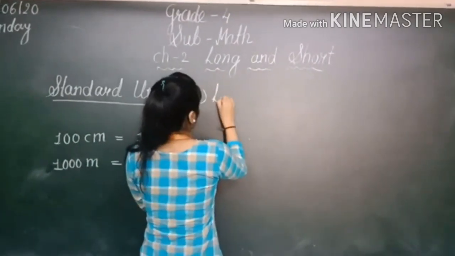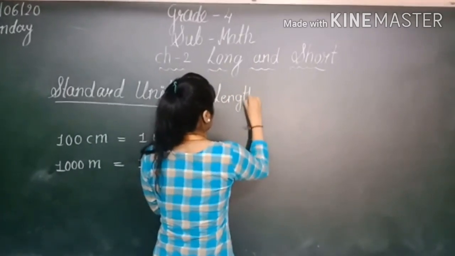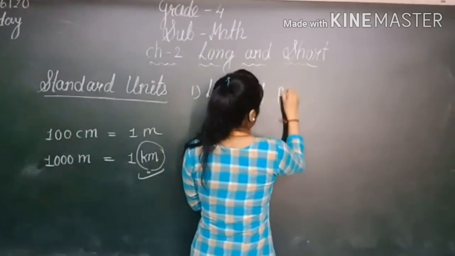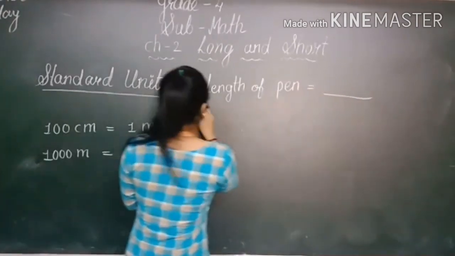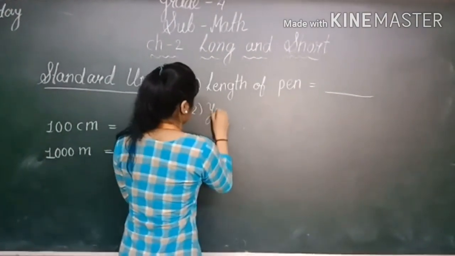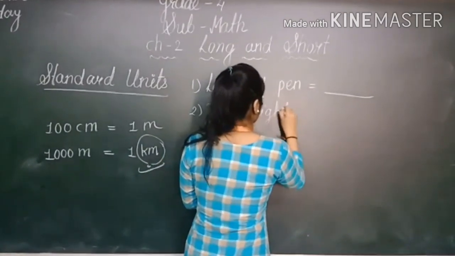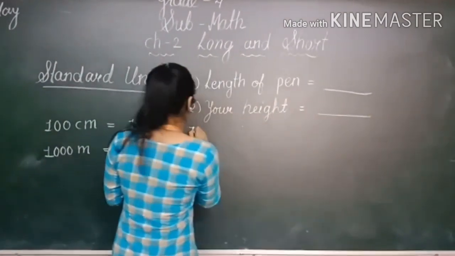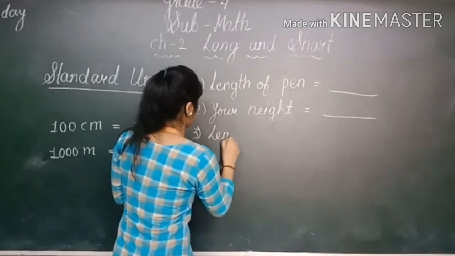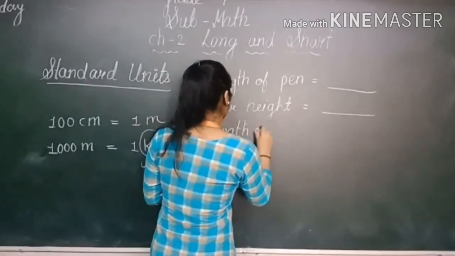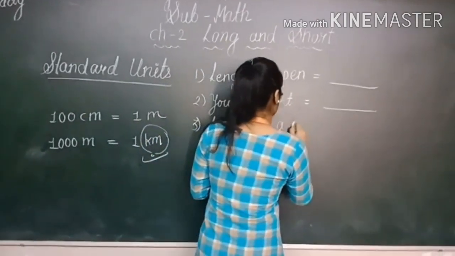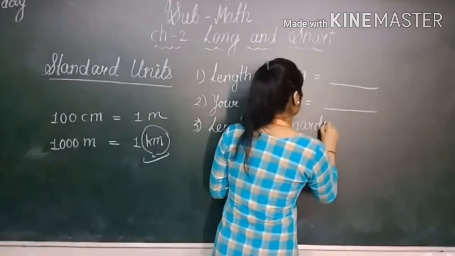First is length of a pen. Second is your height. Third is length of a garden.